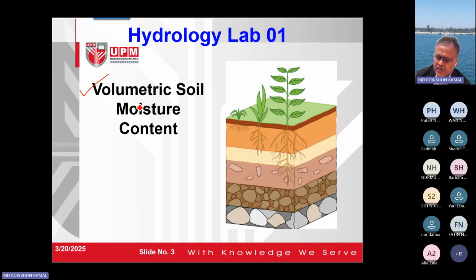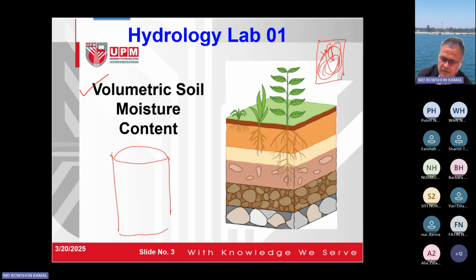One manual technique is you collect a sample from the soil, then you put it in a glass or somewhere, then you shake it, like blending, and separate it. Once separated, the sand and soil will be deposited at the bottom and the water will be on the top.